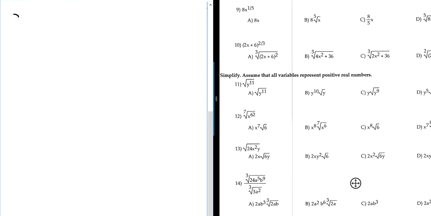Number 9, we have 8x raised to the 1 over 5. On this one, the exponent only applies to the x, not the 8. So I'd write this as 8 times the 5th root of x to the first power.